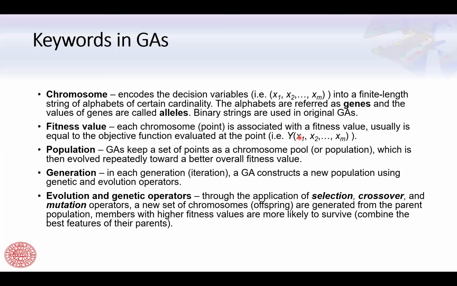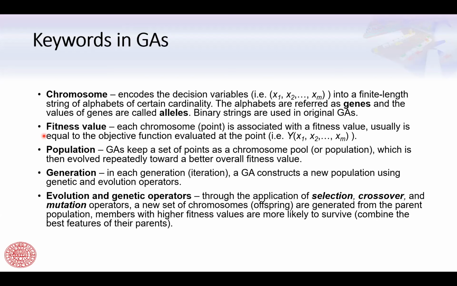You put the decision vector into the y function, you calculate the objective function value, and if you translate it back to the genetic algorithm, this is the fitness value. Normally we look for the highest fitness, so if your objective function is maximized, the higher the fitness value, the better.